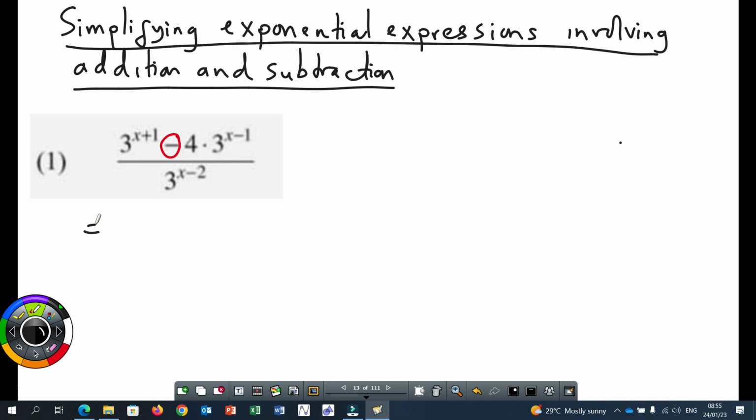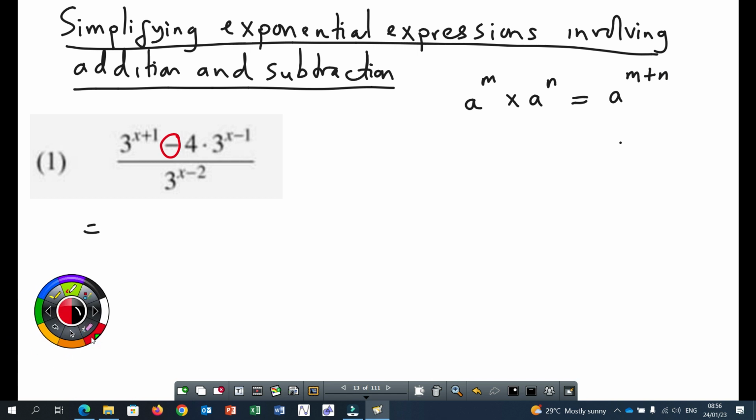I also need you to be aware that based on law 1, a to the power of m times a to the power of n is equal to a to the power of m plus n, based on law 1 of exponents. Now, if you've got an exponential expression which has got subtraction of terms, you need to use the first law of exponents by moving from the right-hand side towards the left-hand side.